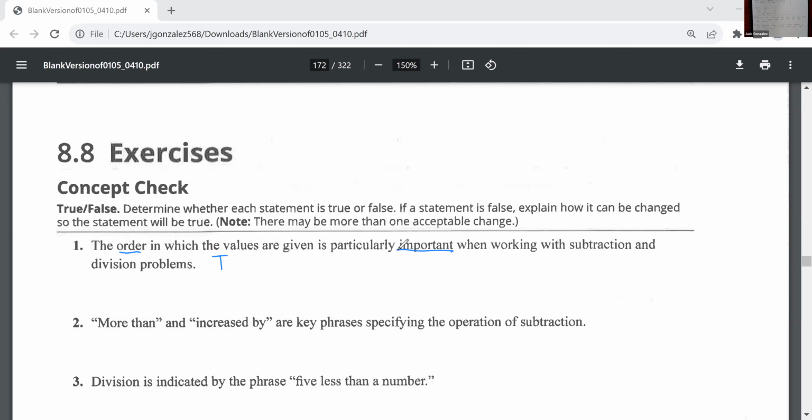Increased by raises. No. Action. False. So could say addition. Addition or.